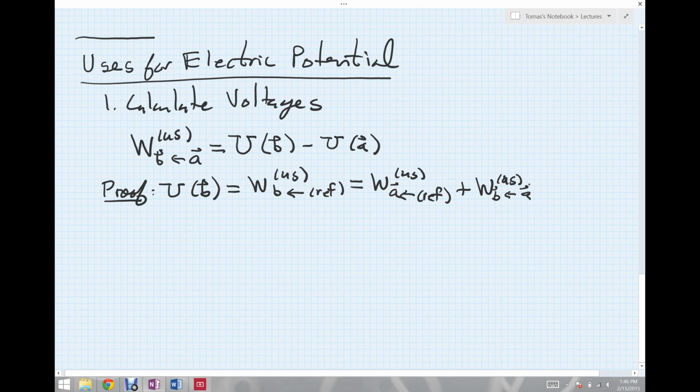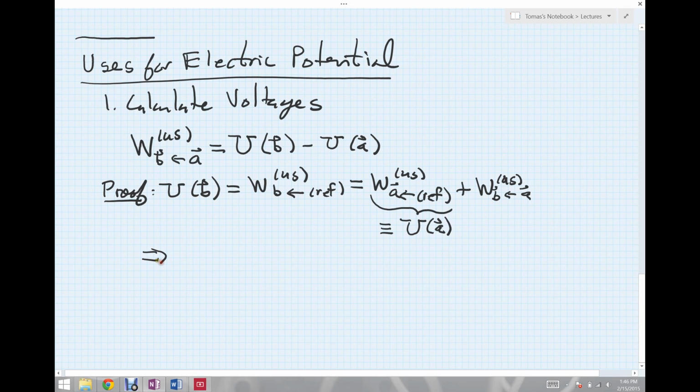Now, if you look at this equation here for a moment, you will recognize that this first term is actually the very definition of the potential of the object at location A. And now I can take this equation here and solve for the work to go from A to B by subtracting UA off of both sides.